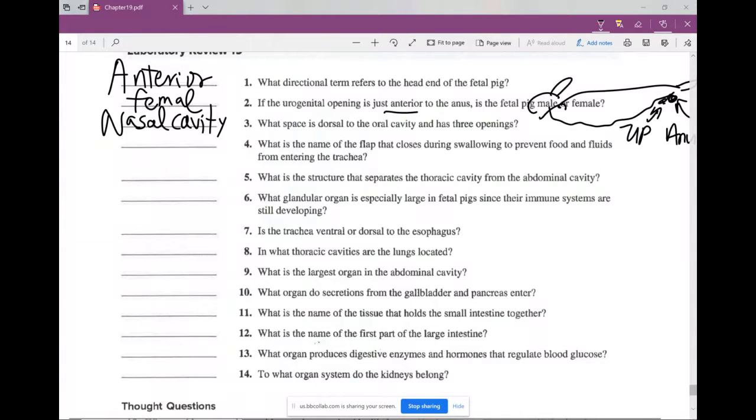What is the name of the flap that closes during swallowing to prevent food and fluids from entering the trachea? The epiglottis. What is the structure that separates the thoracic cavity from the abdominal cavity? We answered that before, right? You have the diaphragm.